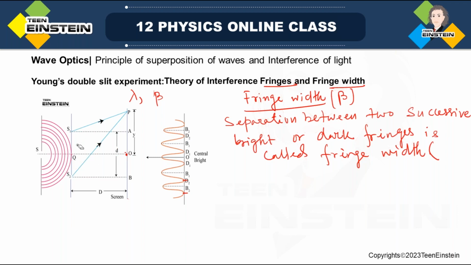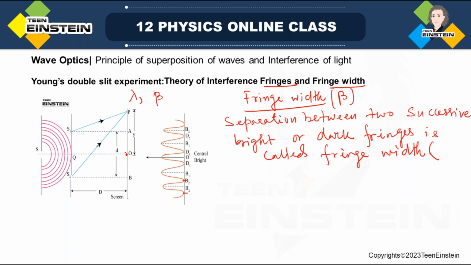This is called the perpendicular bisector. If we draw a perpendicular bisector from O to the line S1 S2, slit separation d, then we get OQ. This OQ line also bisects the screen, so this point O is the central point on the screen.